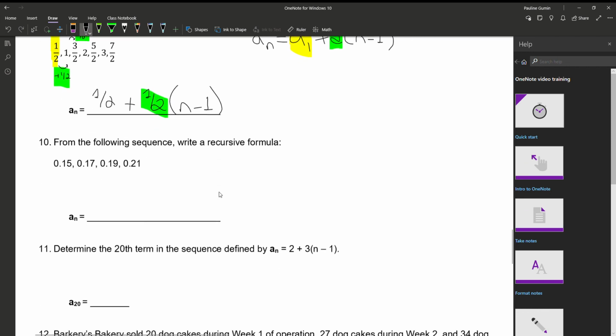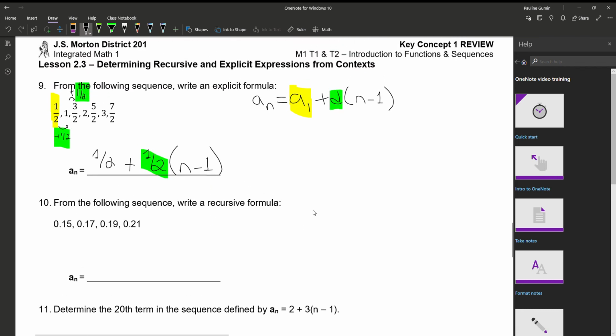Next, we're going to write a recursive formula. This is the recursive formula. All right, so we already have a sub n, perfect. a sub n minus 1, that's just saying use the previous term. So that stays a sub n minus 1 plus d for the common difference. Well, to get from 0.15 to 0.17, we add 0.02.